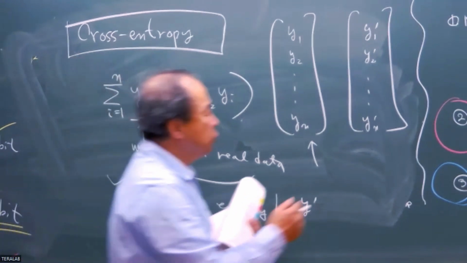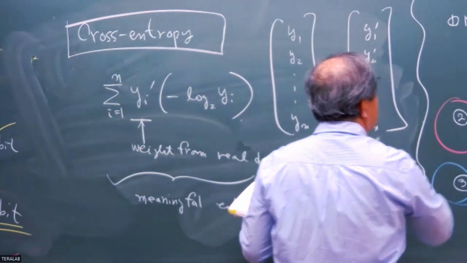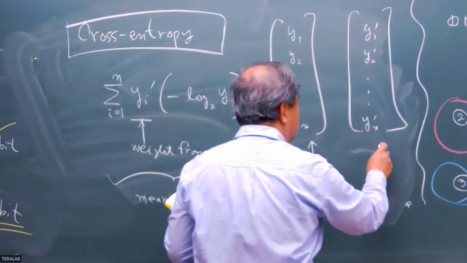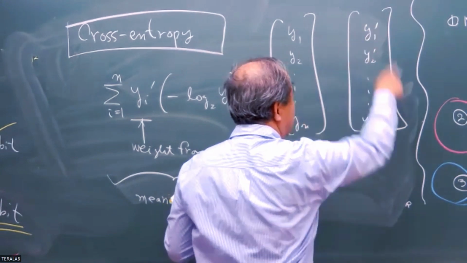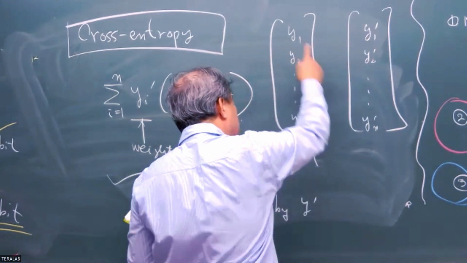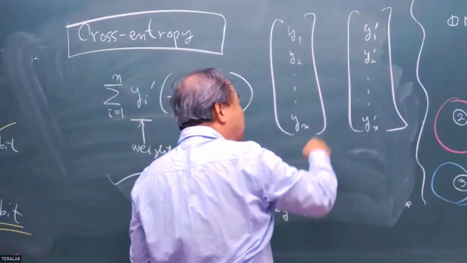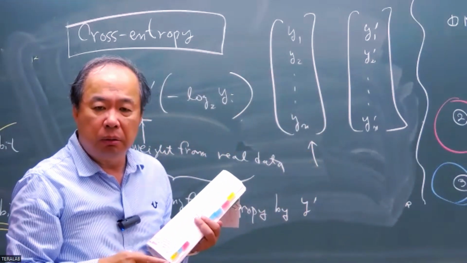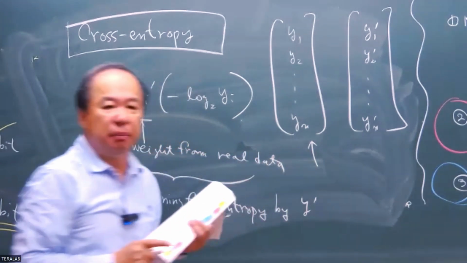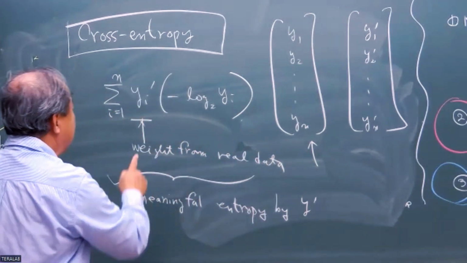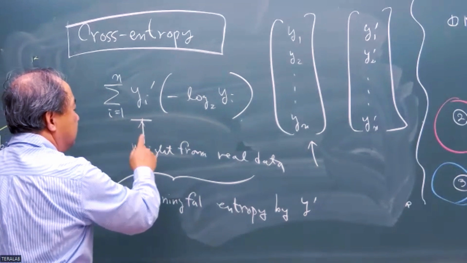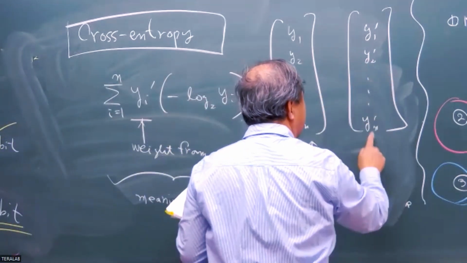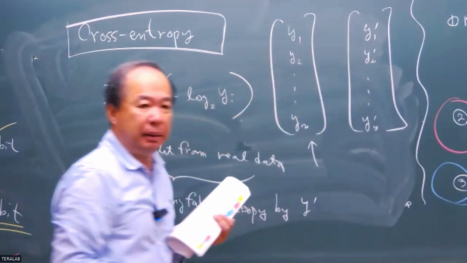But anyway, in the entropy case, you are not taking care of any of the real data. You just focus on yourself and minimize the information bit amount to describe this one. But cross entropy is obtained by multiplying who has higher probability at real data. We account more on that.